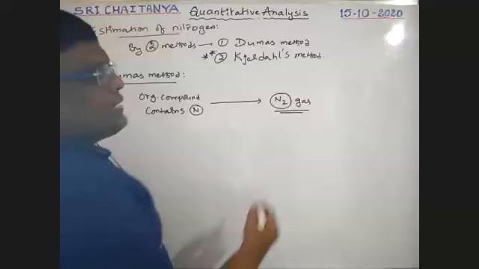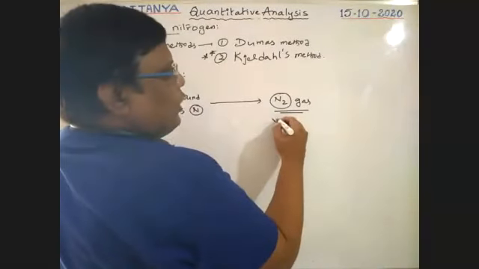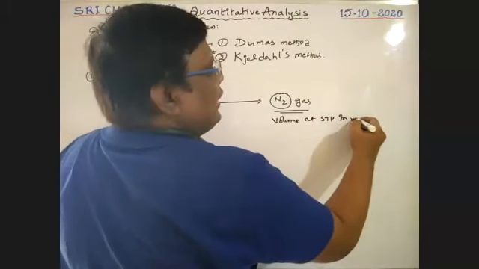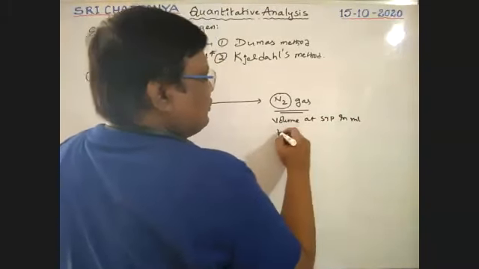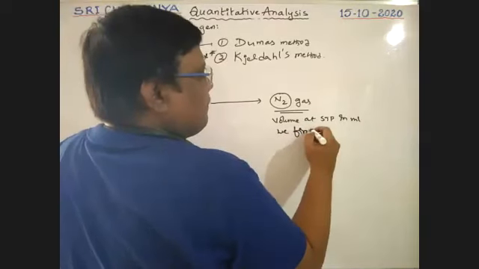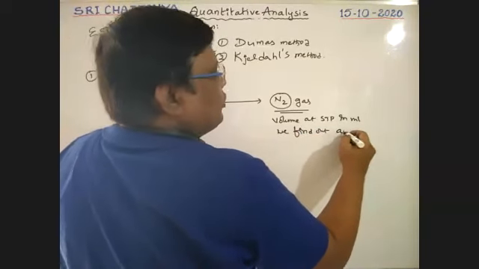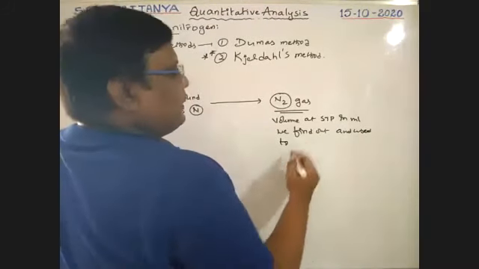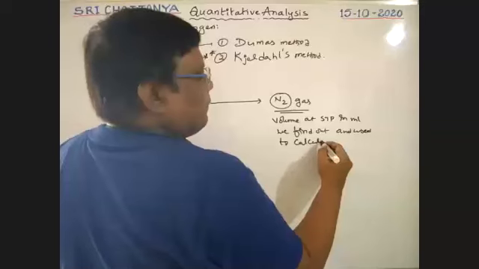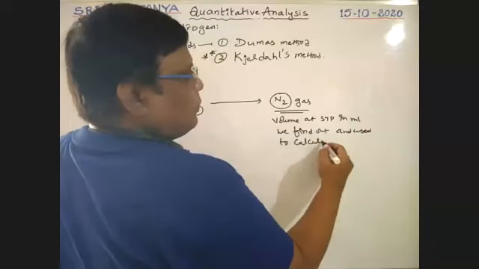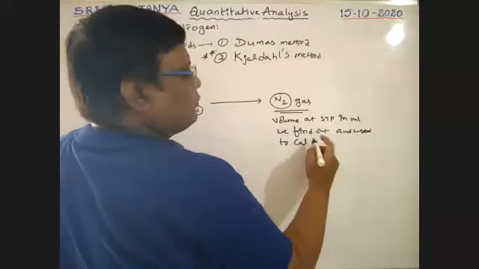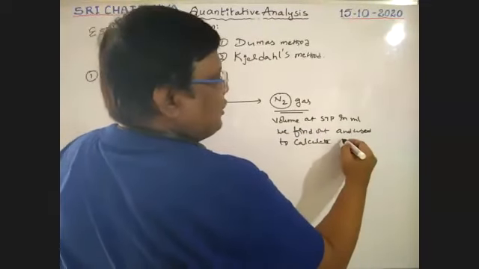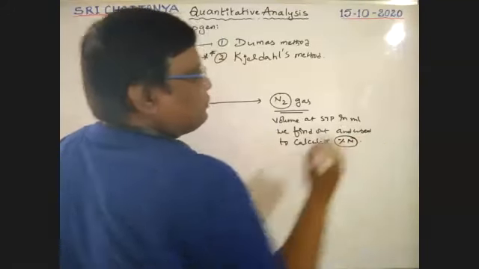So this N2 gas volume at STP in ml, we find out and use it to calculate the percentage of nitrogen, boys.